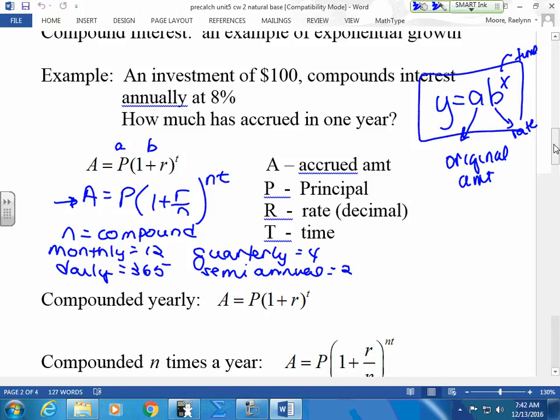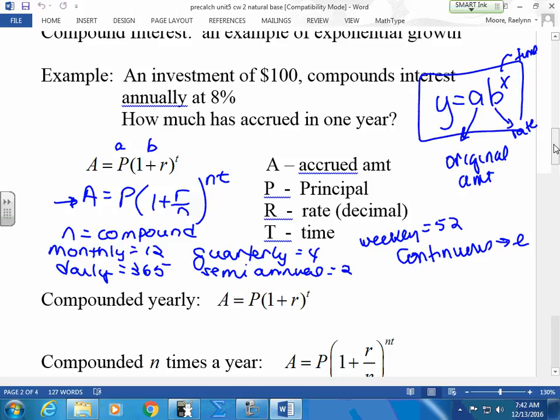What's biannually? Biannually, 2. They say semi or biannually, 2. Anything that's continuous works a little differently. This is your E. Daily, monthly, quarterly, weekly. How many weeks? 52. Okay, so these are the numbers we're going to use. 365 for days, 52 for weeks. They're all going to fit into this.